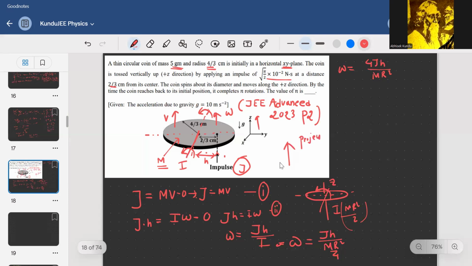If you throw a body with velocity v from this point, how much time will it be in the air? 2v sin theta by g is the time of flight. But here it is a vertical projectile motion, so the time it will stay in the air will be 2v by g.